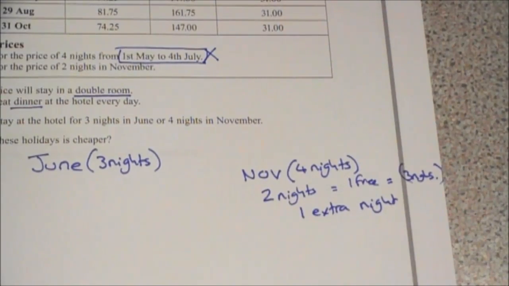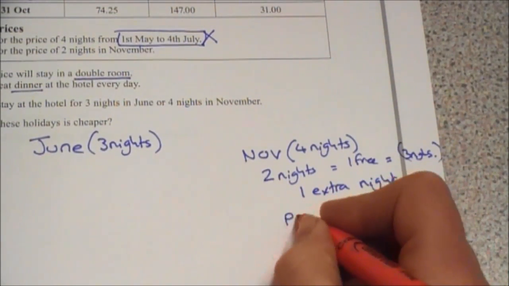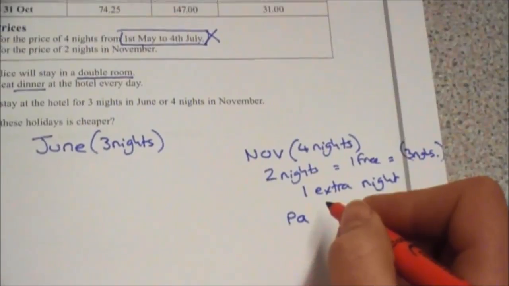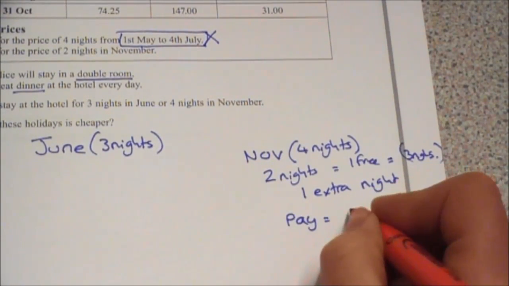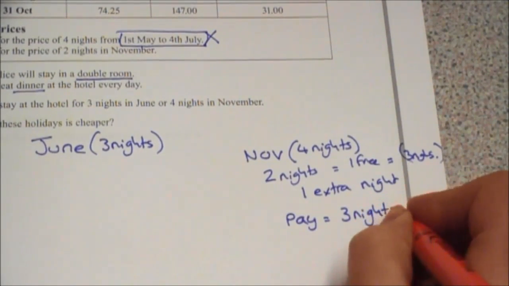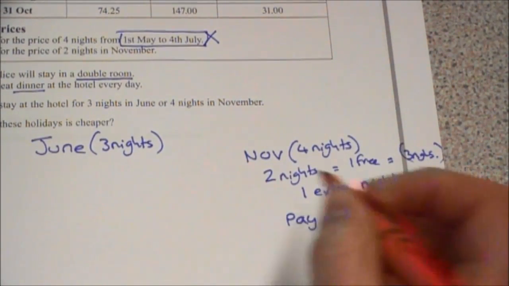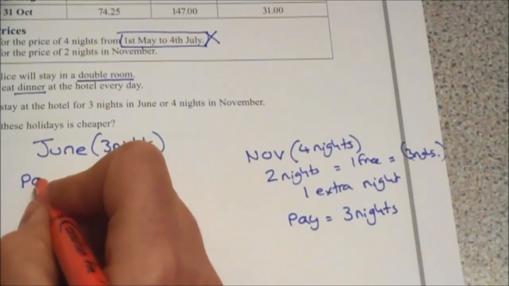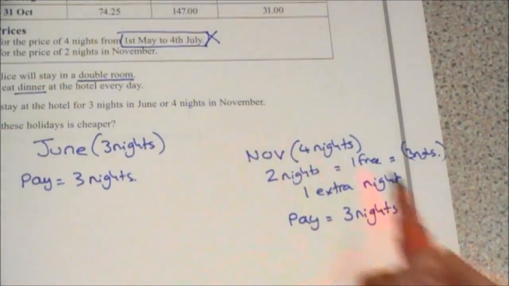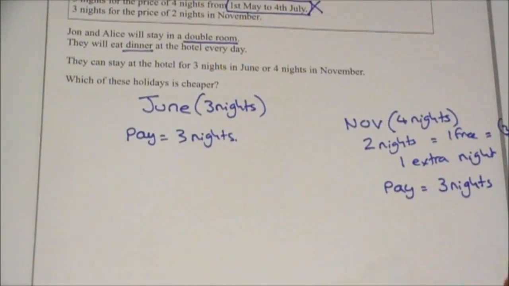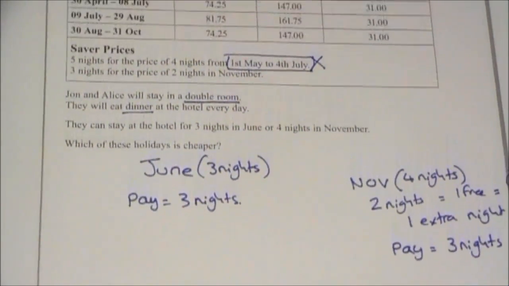That's going to take me up to 4 nights. So I'm only actually paying for 3 nights, because I'll get 1 free. In June, I have to pay for the full 3 nights.